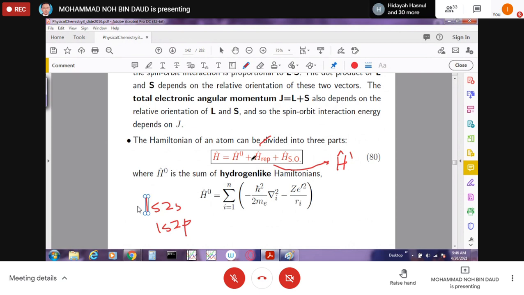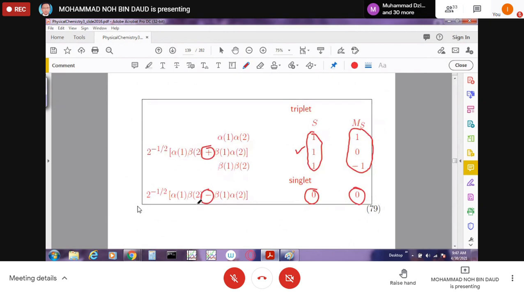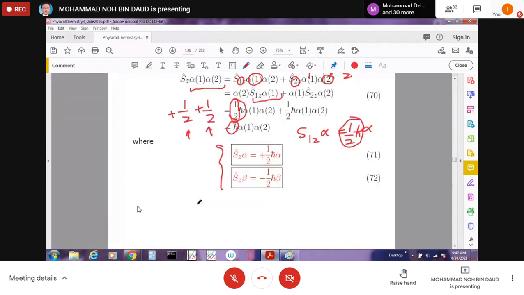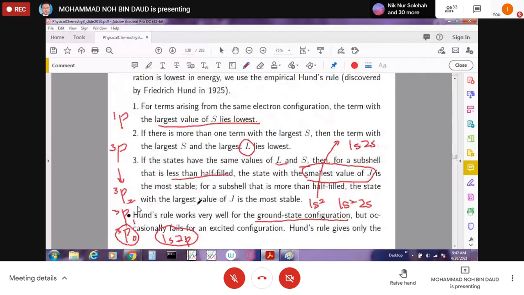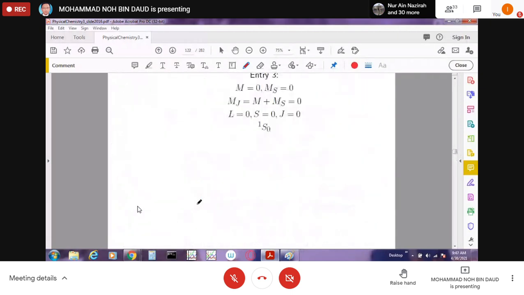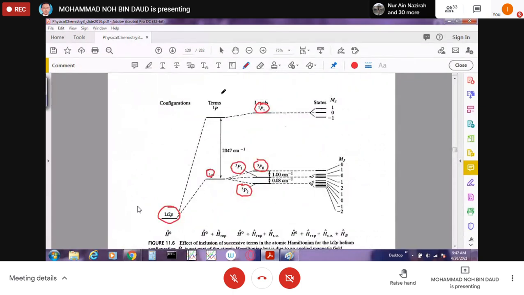Adding this one in the Hamiltonian operator, we actually lift this degeneracy between states with different L and S, so different L, or different S, or both L and S. So that's where we are actually splitting each of these configurations into terms.